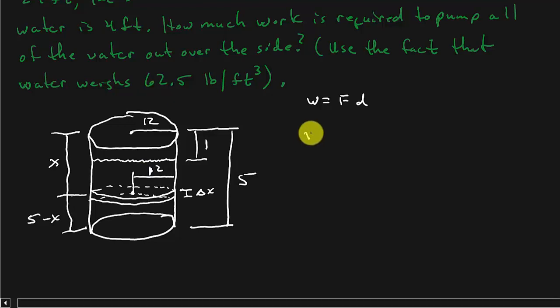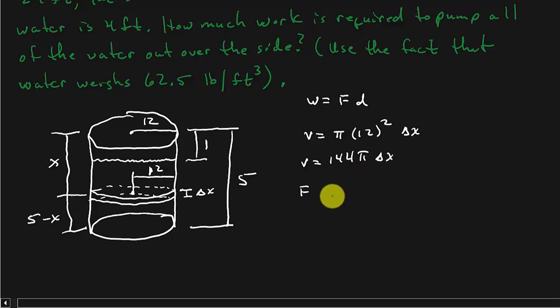So the volume of that little slice, well, it's pi r squared times the height, right? So pi times the radius squared times the height. So that's 144 pi times delta x.